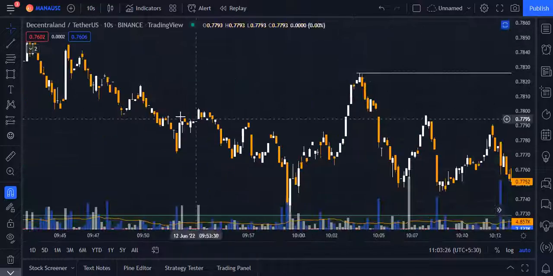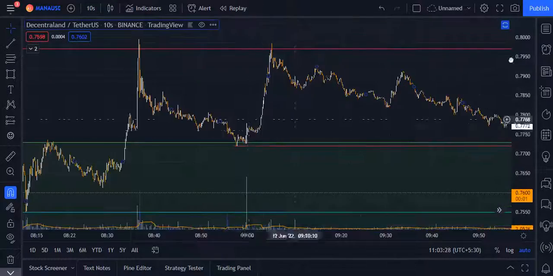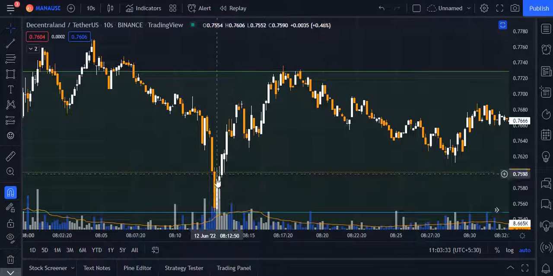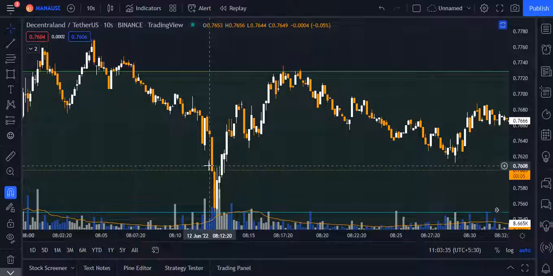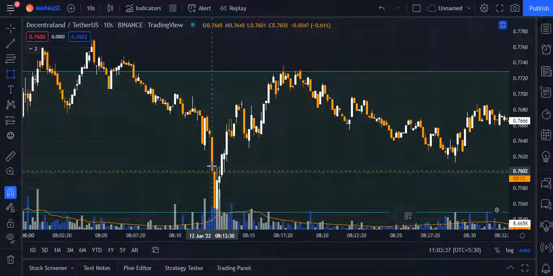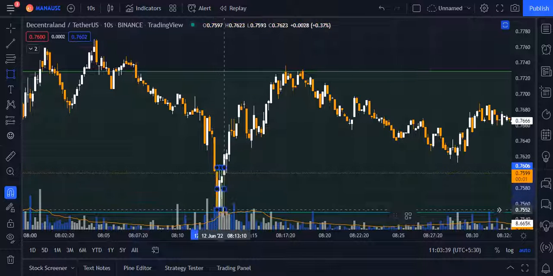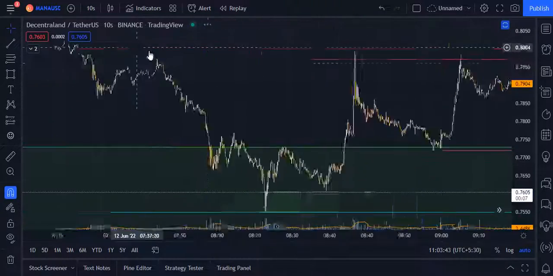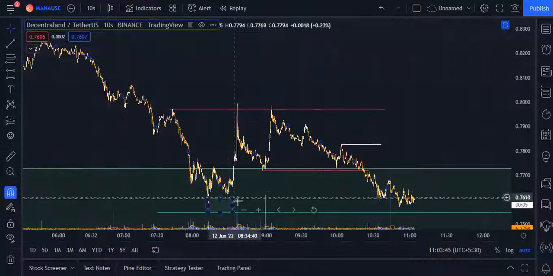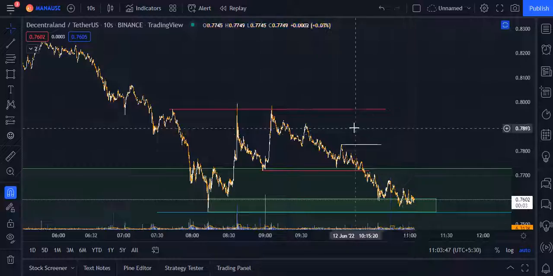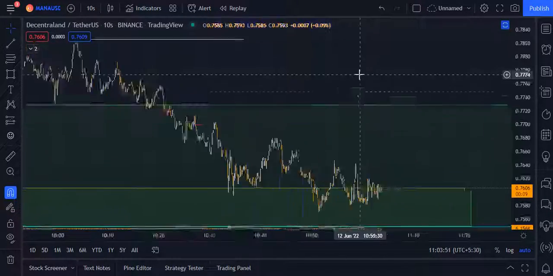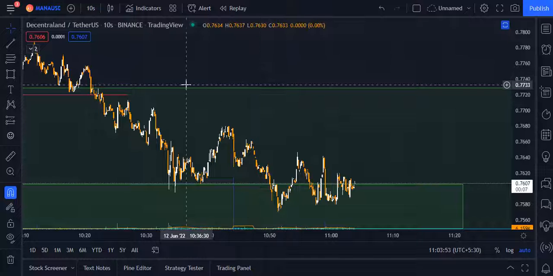Okay, yeah, we are good to go. We went to 10 seconds, and yeah, we are not mitigated over here. So this is where the price is reacting from.